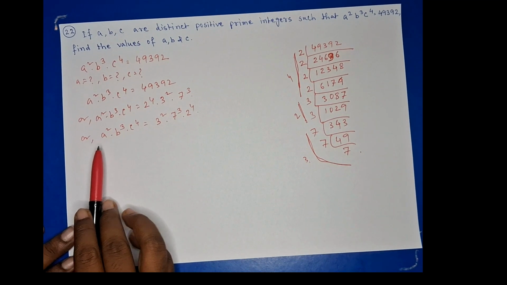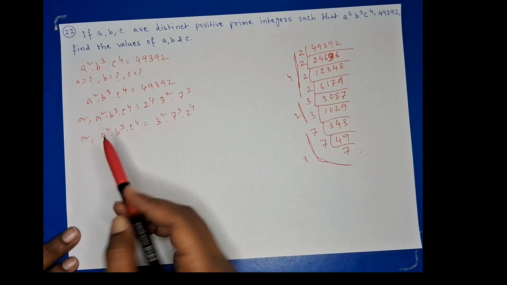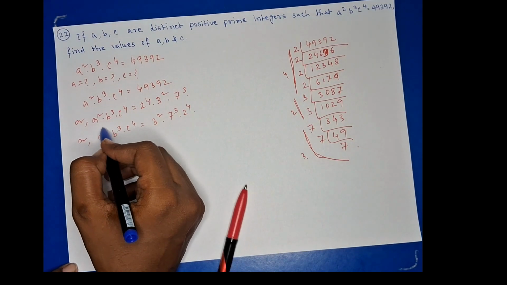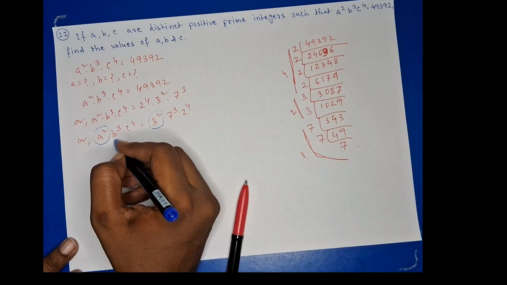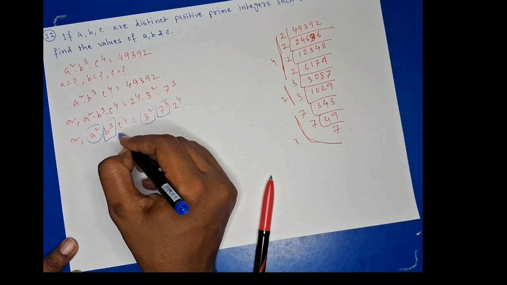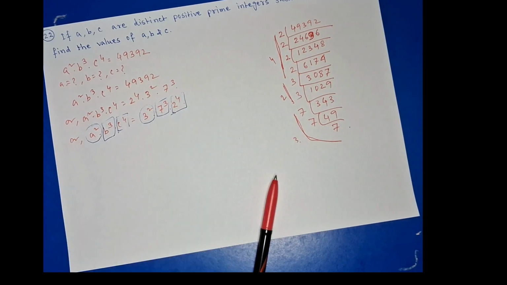See, now we match the powers: this square with this one, this cube with this one, and this fourth power with this one.